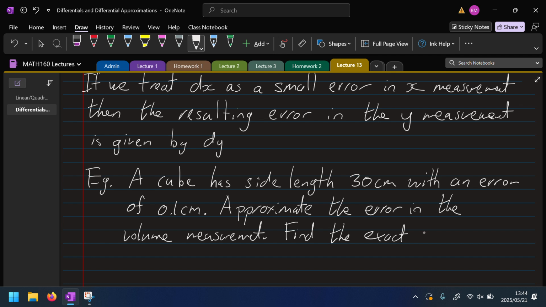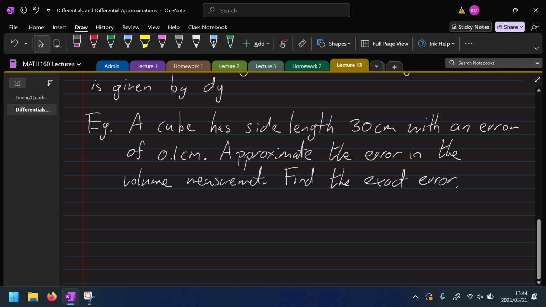So again, think of a physics experiment. You're measuring the length of something. In this case, it's 30 centimeters, but there's some error involved. You've all done the physics practicals with the errors, right? So there's some error of 0.1 centimeters in your measurement of the length of this side.